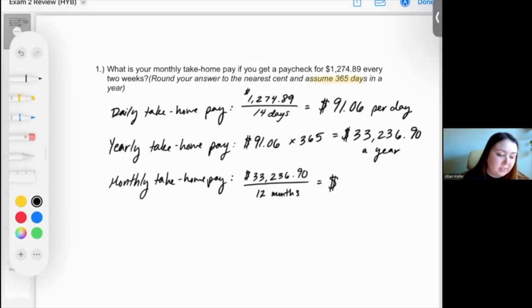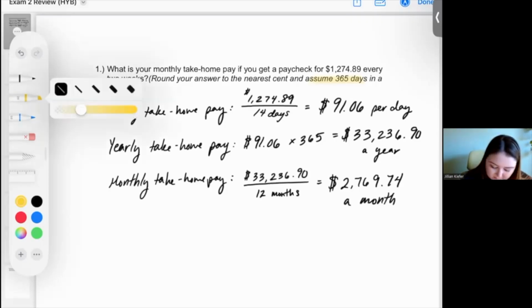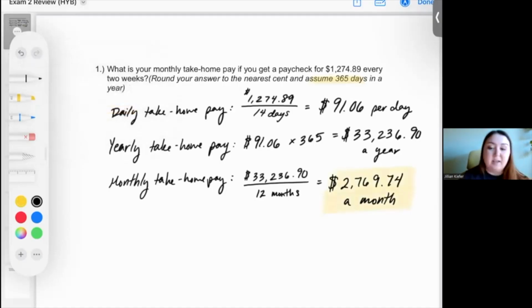Using our calculator, we should end up getting $2,769.74 a month. And that would be our monthly take-home pay.